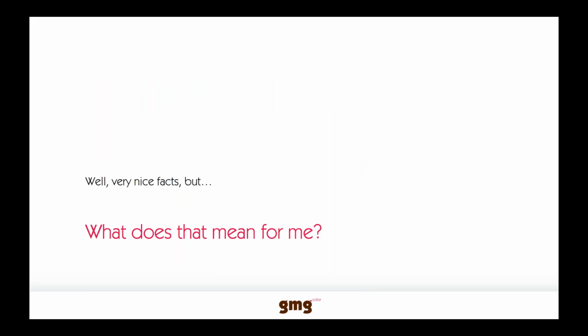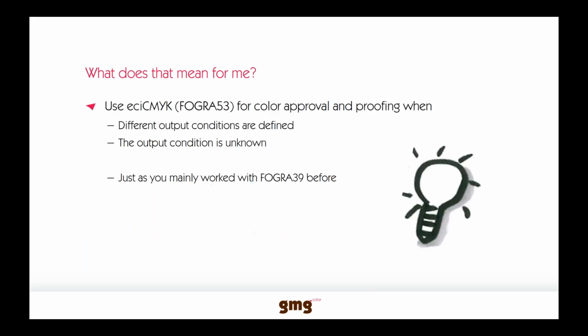Now we have seen all the facts. We already answered a lot of questions. So maybe something will be doubled now, but I think that's no problem. So, okay, what does all that mean for you as a user?